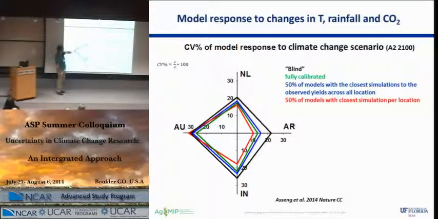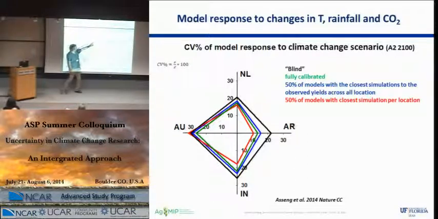If you look at the blind background, where they had not calibrated their model to these locations, you can see there's a CV of 20, 20, 25, and particularly for Australia goes up to 30. If we now allow them to calibrate, in general, the CV in all these locations comes down a bit.